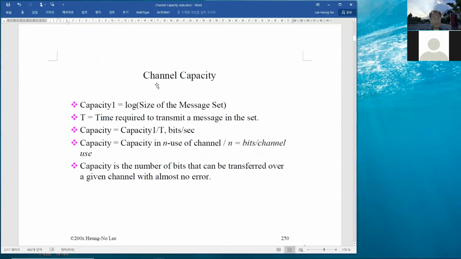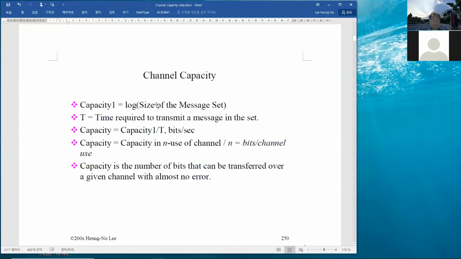And here I talk about different forms of channel capacity. First kind is log of the size of the message set. So when you have 8 messages to send over a channel, then log 2 of the size, which is 8, is 3 bits. So that's the capacity of the message set.